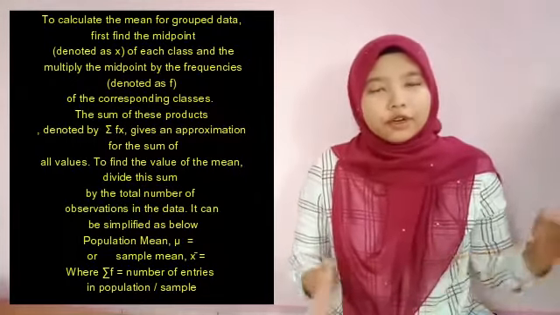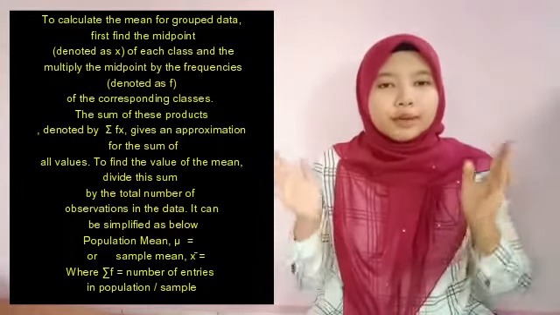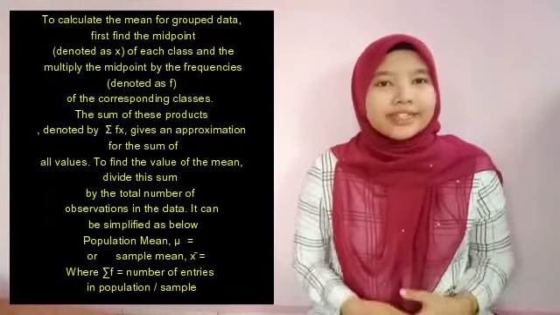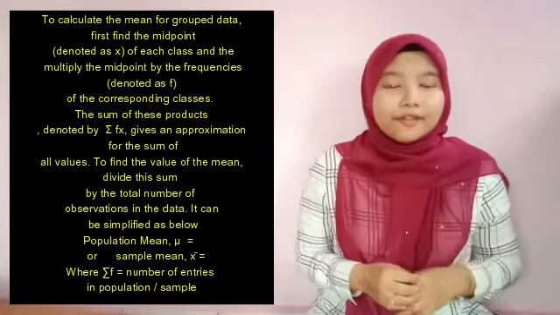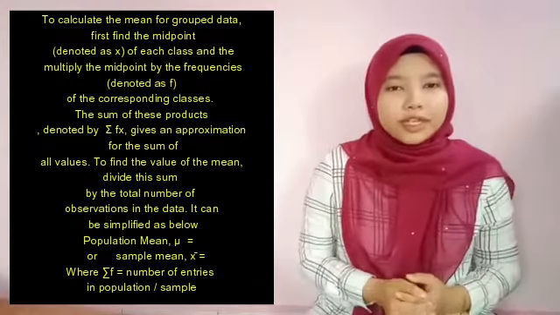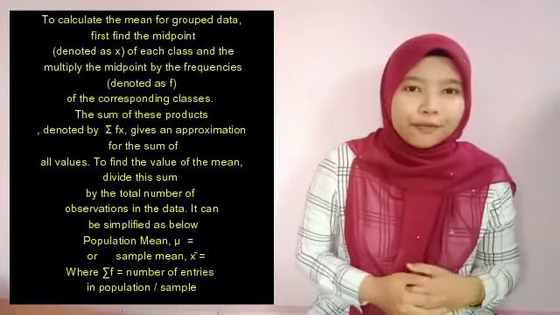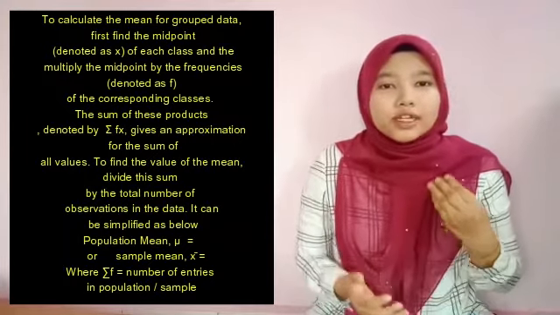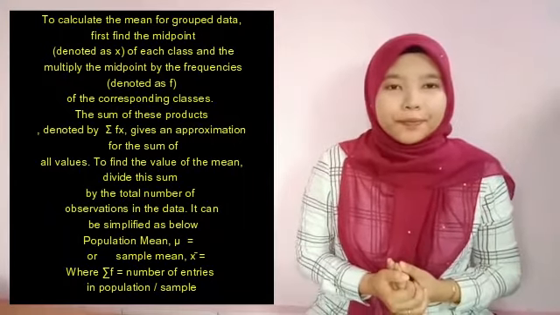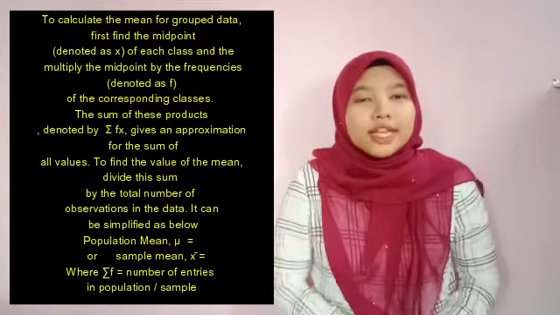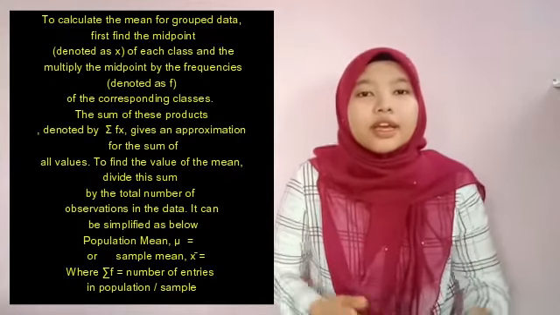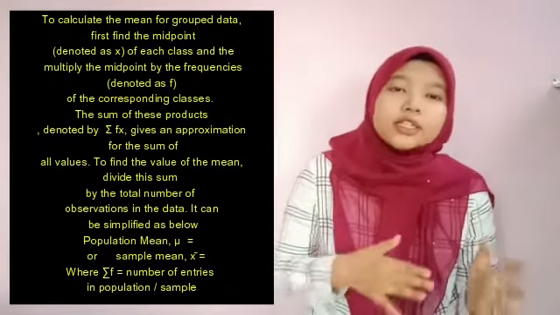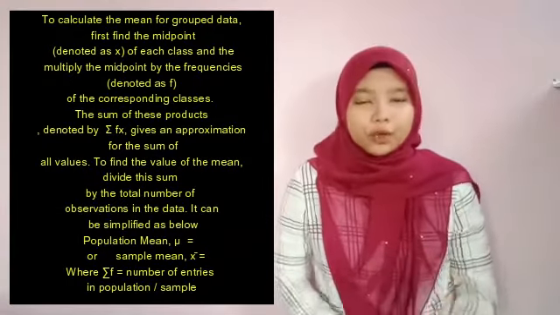Next, the measures of central tendency for grouped data. First, the mean. To calculate the mean for grouped data, first find the midpoint, denoted as x, of each class, and multiply the midpoint by the frequency, denoted as f, of the corresponding class. The sum of these products, denoted by sigma fx, gives an approximation for the sum of all values.